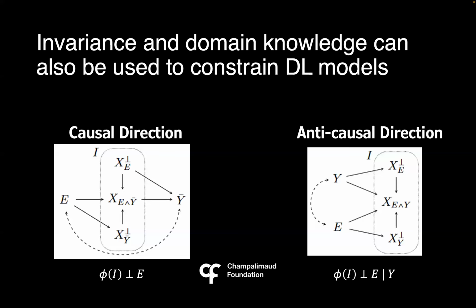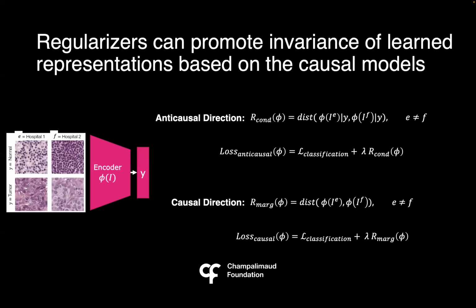We would have this graph, and analyzing it, what we have is phi of I is independent of our environment given our Y. And we use this to write down two regularizers that we would put into classifiers, adding them to our loss, and we would have two different losses based on the causal direction of the prediction.